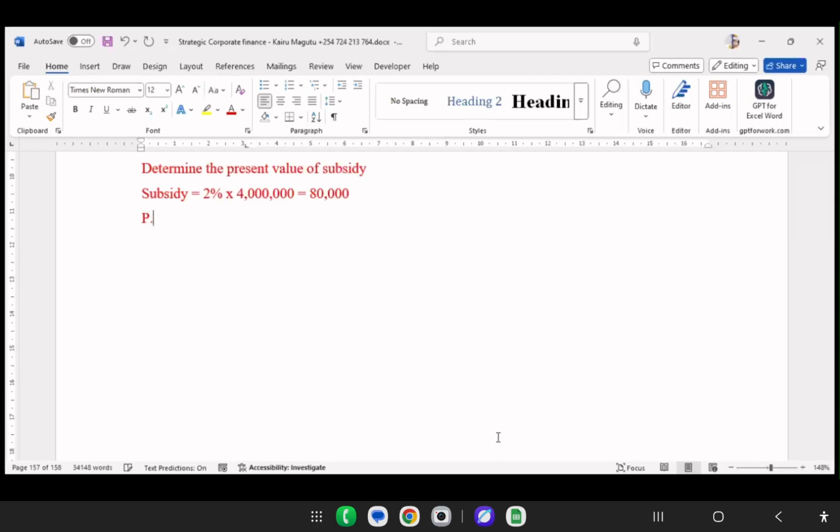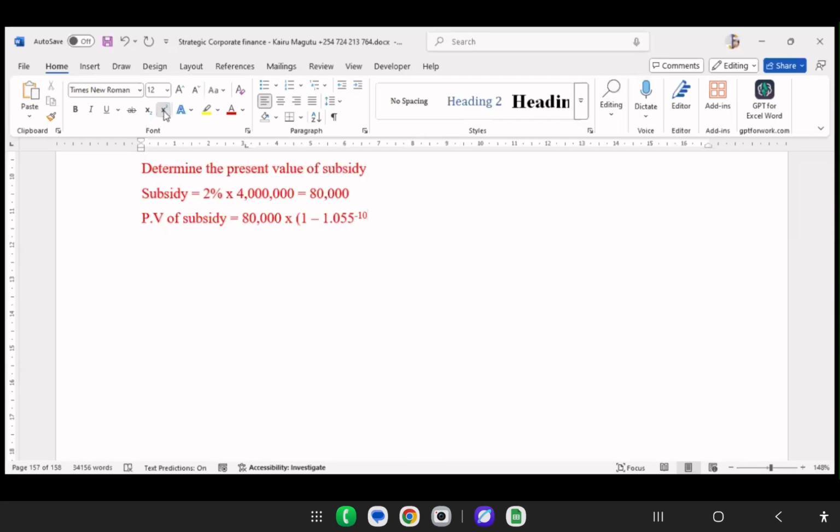Then we say present value of subsidy is equal to 80 multiplied by 1 minus 1.055. You discount it using the risk-free rate because the subsidy is guaranteed by the government.